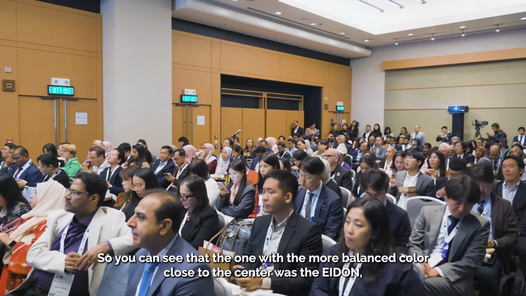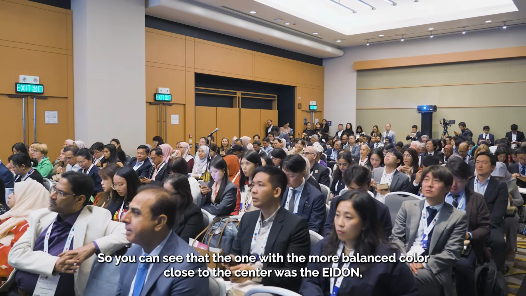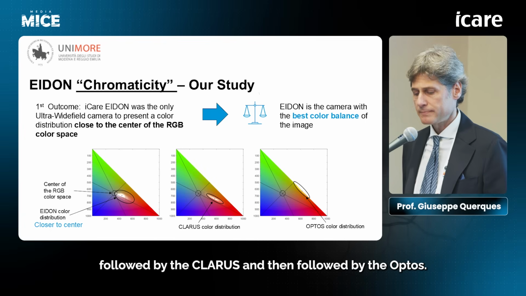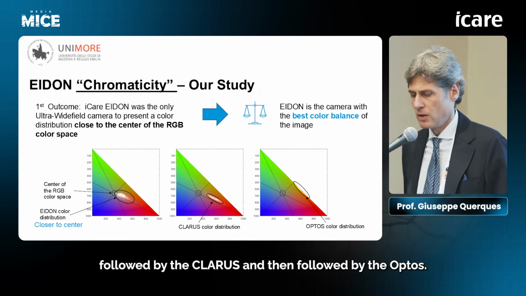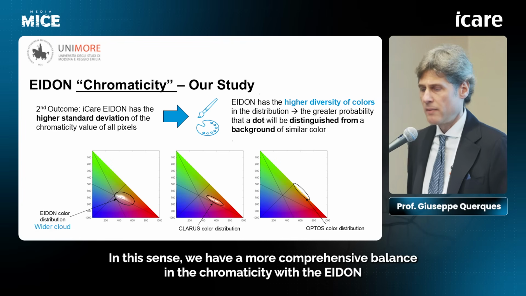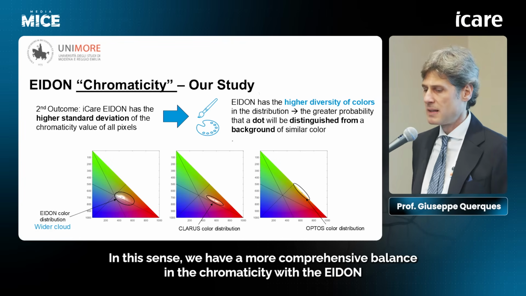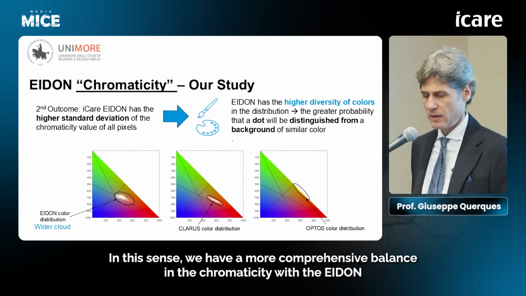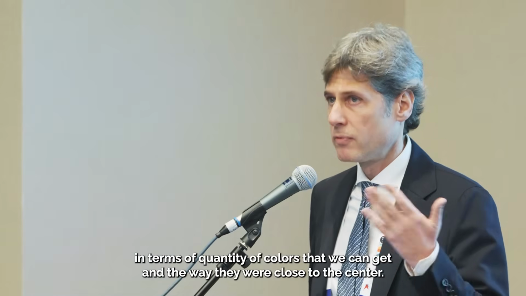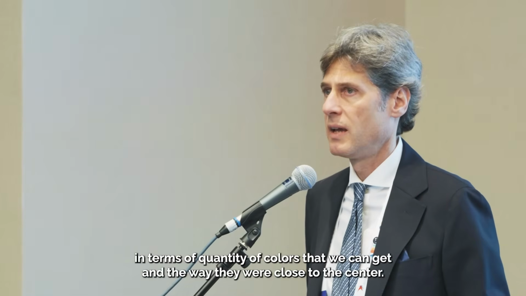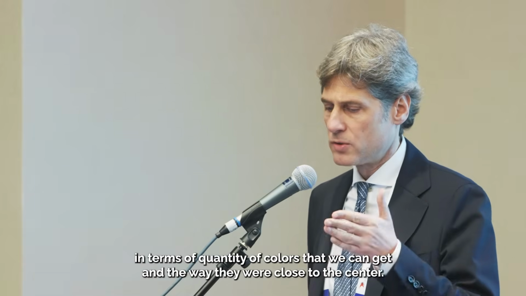So you can see that the one with the more balanced color close to the center was the EIDON, followed by the Clarus, and then followed by the Optos. In this sense, we have a more comprehensive balance in chromaticity with the EIDON versus the other two machines, in terms of quantity of colors that we can get and the way they were close to the center.